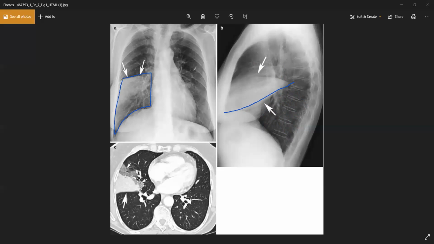While above this horizontal fissure here, you have this apical lobe. That is clear, right? Whenever you have involvement above this, there is a 100% chance that this patient has a right upper lobe involvement. But if the involvement is there, you have to perform a lateral X-ray also.